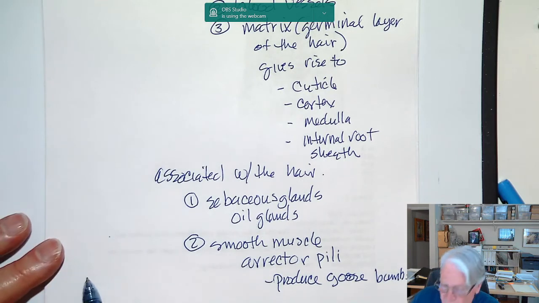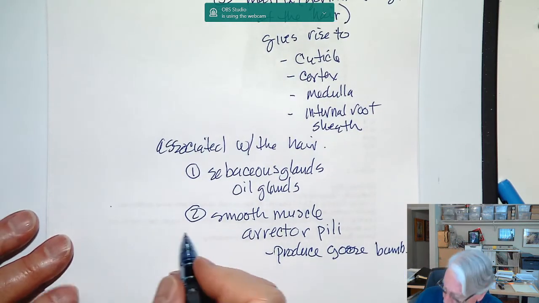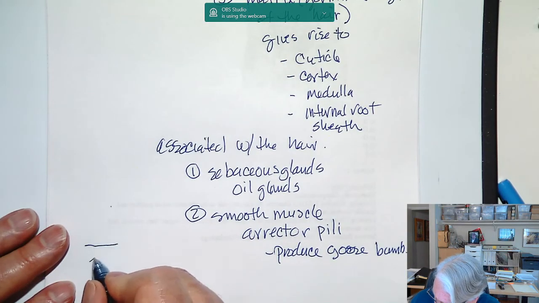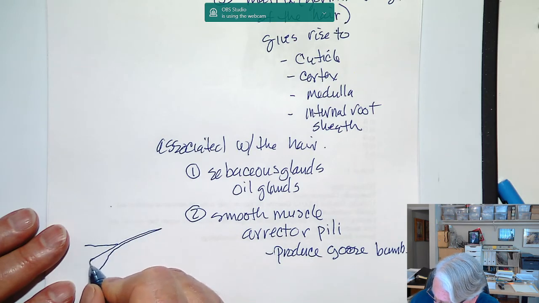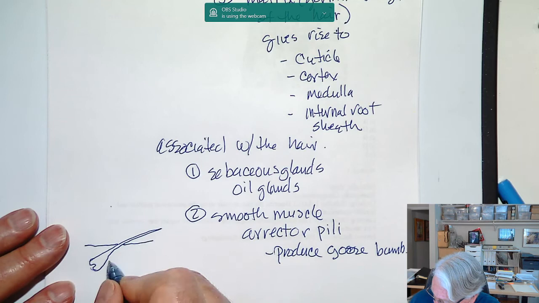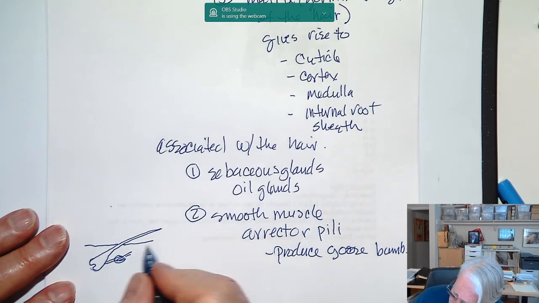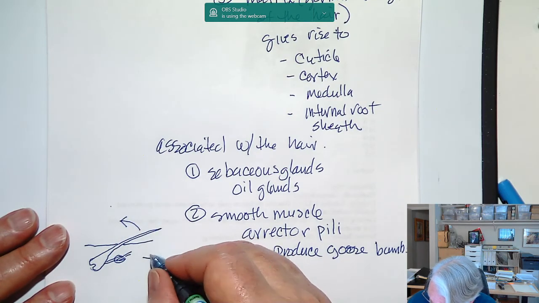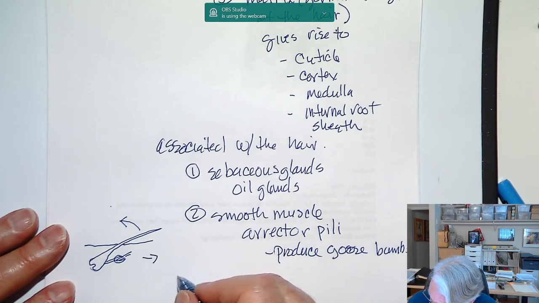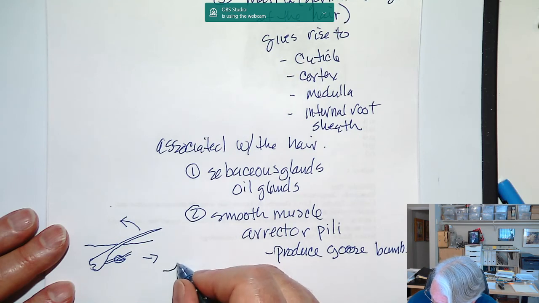So a quick drawing might help us visualize what's happening here. Normally the hair shaft is going to be lying at some angle. Okay. And then we have this muscle that's attached here. And when that muscle is activated, this hair is going to move in this direction. And so we get that hair standing on end.